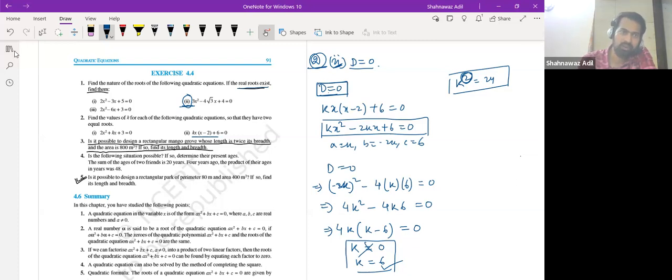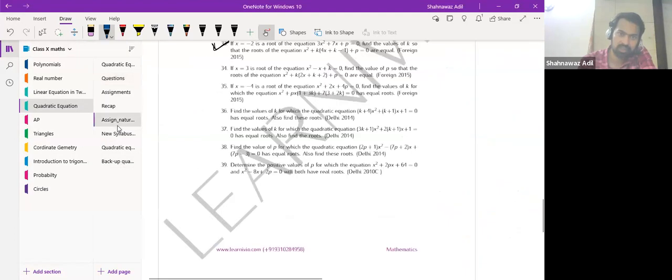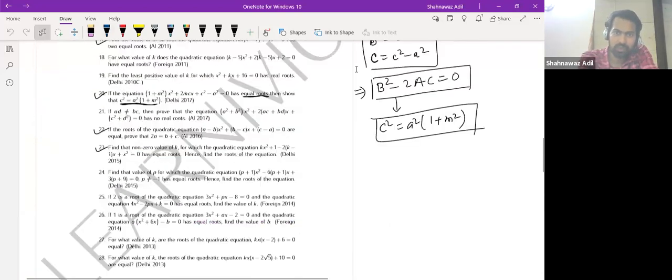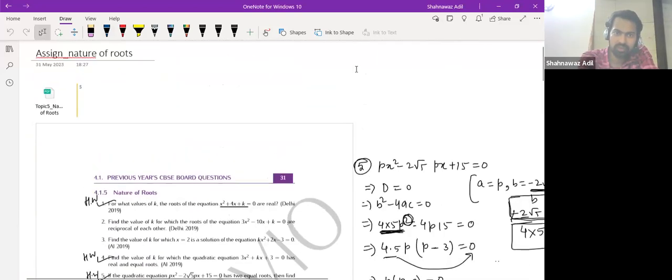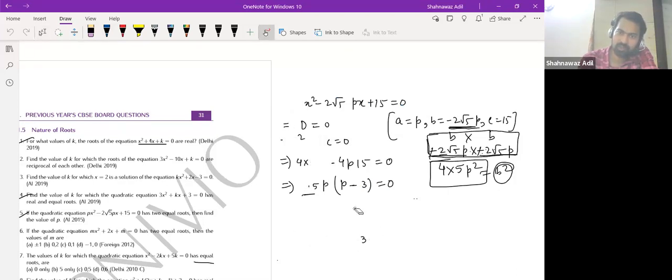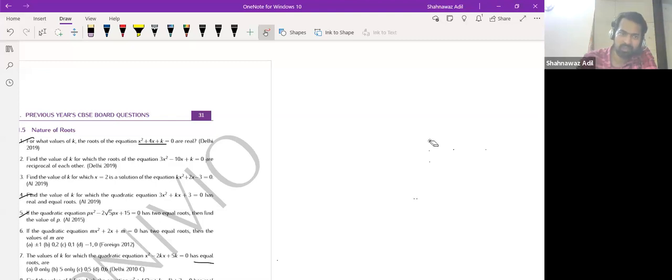Okay, so now let us do some assignment problems. So Rizwan did that problem, right? We don't have any word problem. So let us start from the simple one.